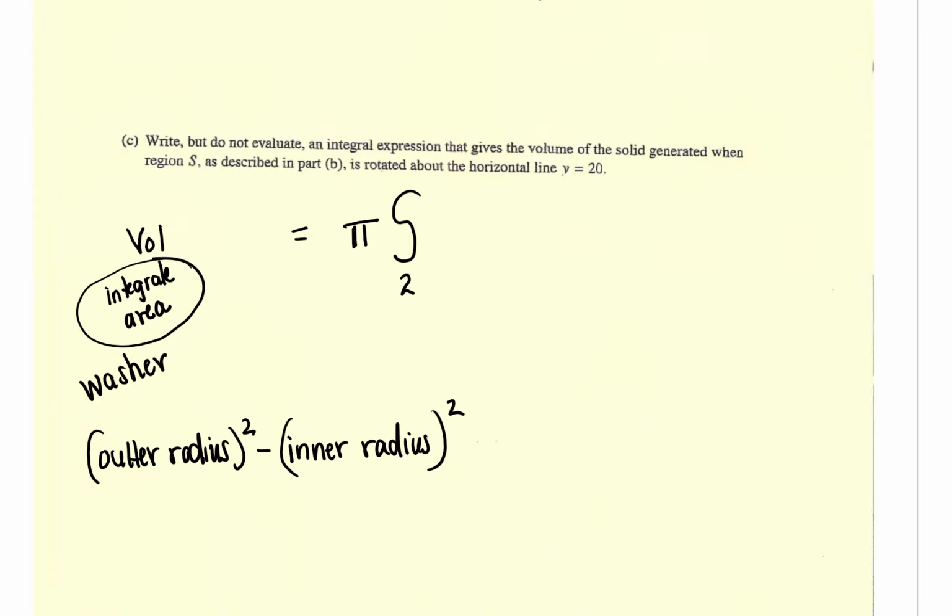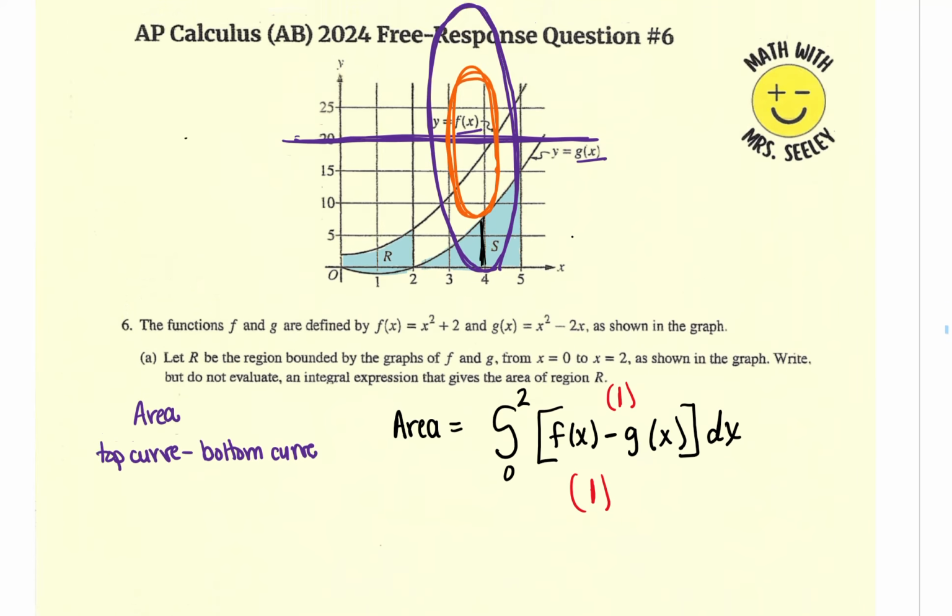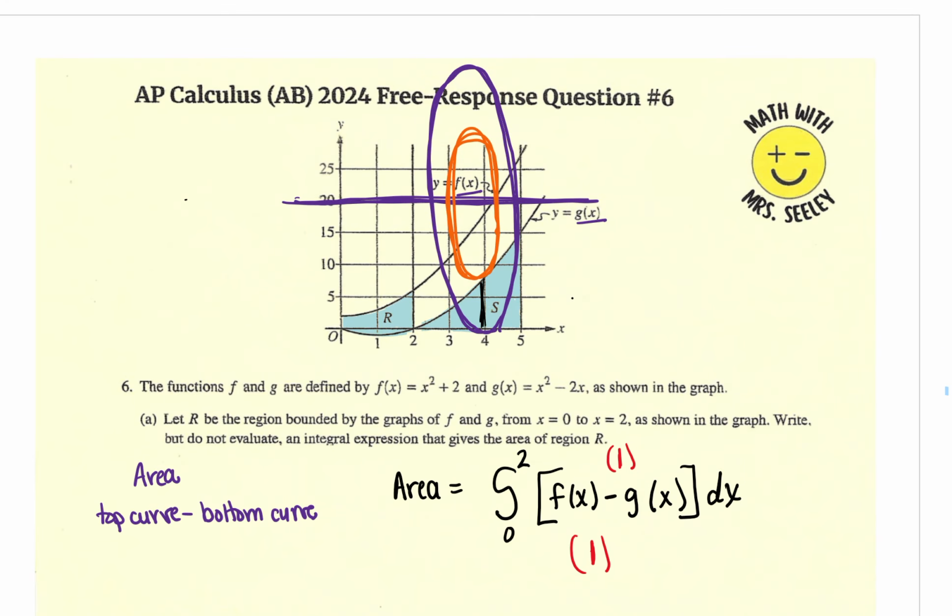And then we said from 2 to 5. But now here's the next catch. When you are going about a line, your radius is adjusted, because the radius is no longer just from the axis to the line like a disc, but it is adjusted by the length of that line.